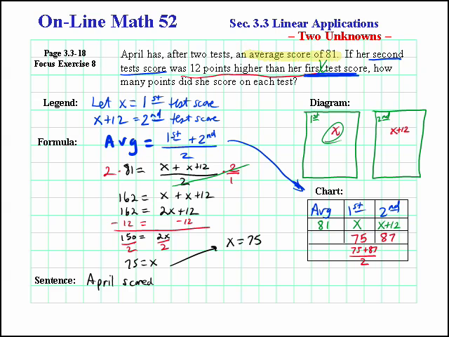April scored 75 points on her first test and 87 points on her second test.